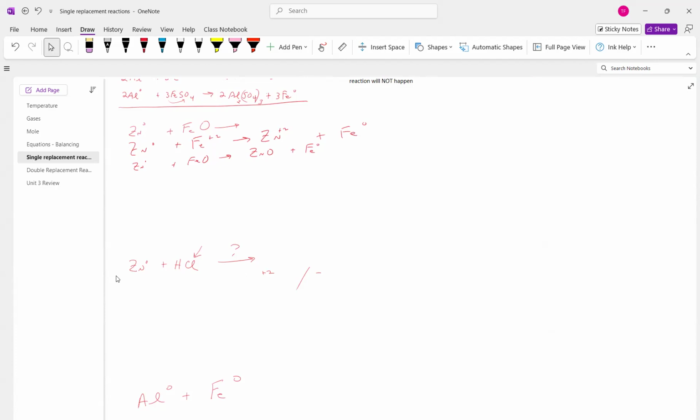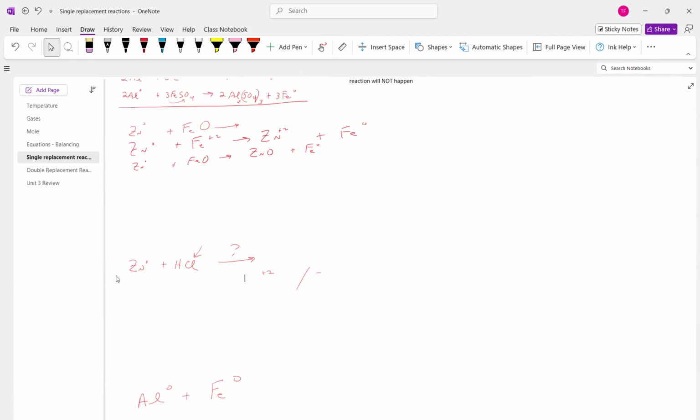And the definition of an acid, which is unit 5 stuff, basically is that acids will give off an H plus ion. Not H negative, H plus, +1. By definition, that's an acid. There are strong acids and weak acids, and we'll talk a lot about the differences between those when we get to unit 5. But for this lab today, you're going to need to know that HCl is an acid and it gives off H plus.